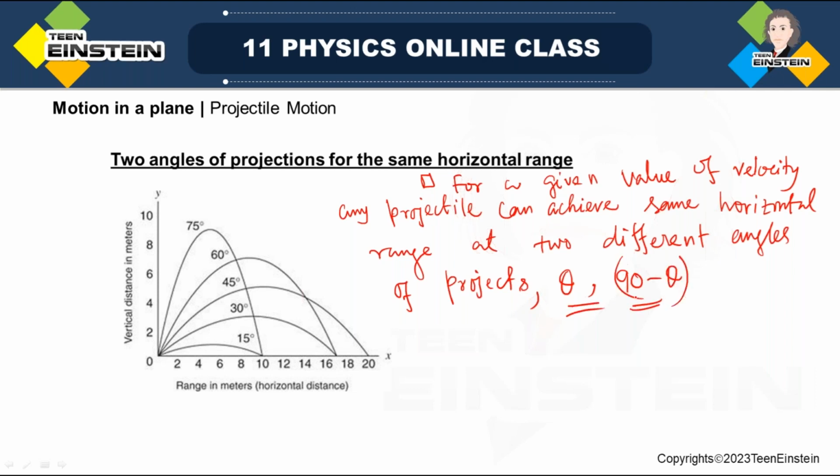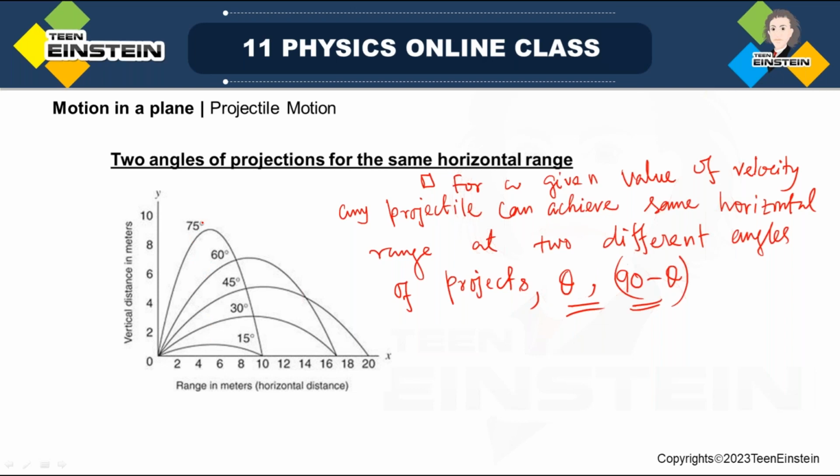For these two angles, for the given velocity u, there will be two different angles of projection for which the horizontal range will be the same.